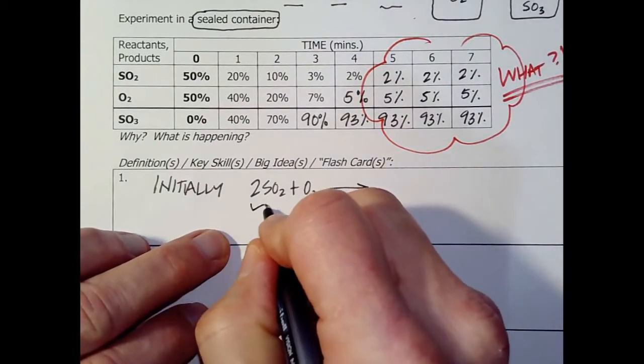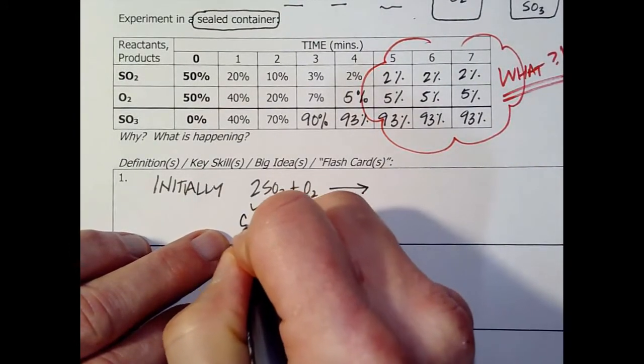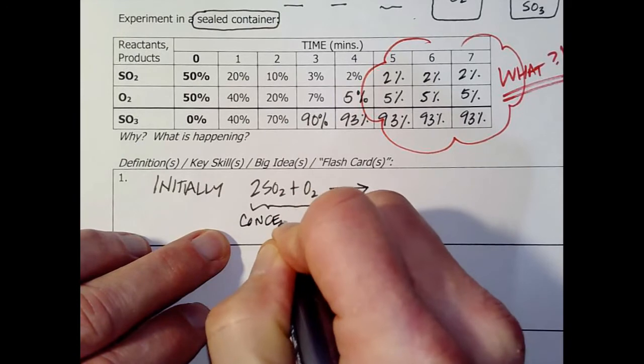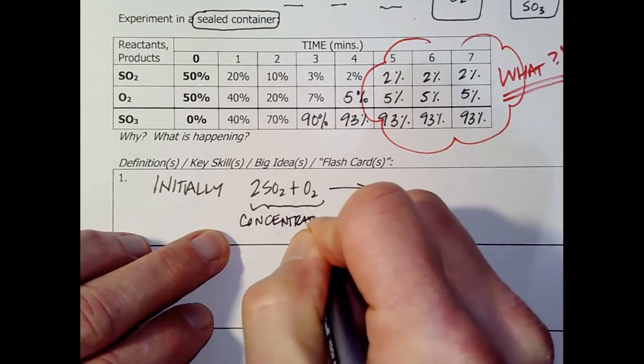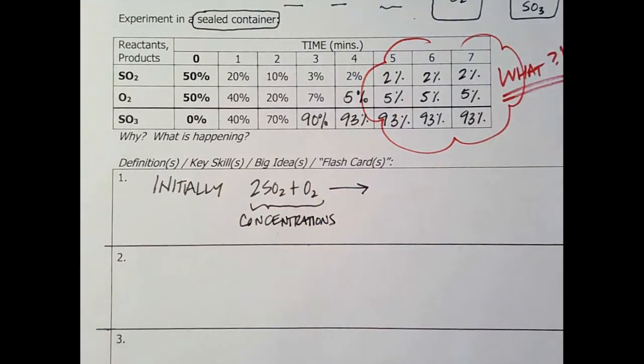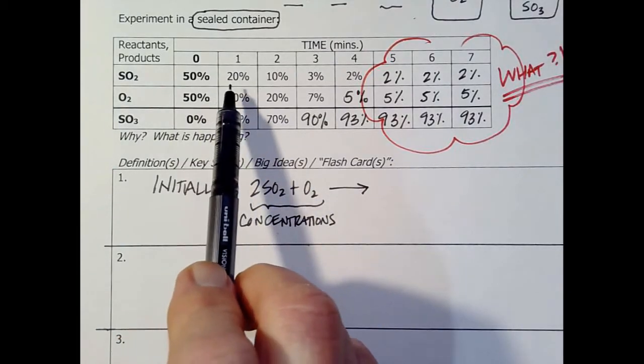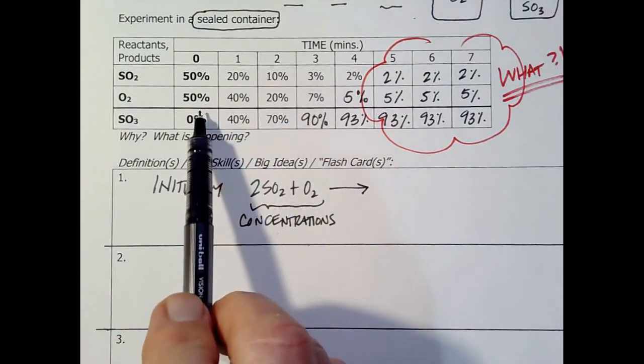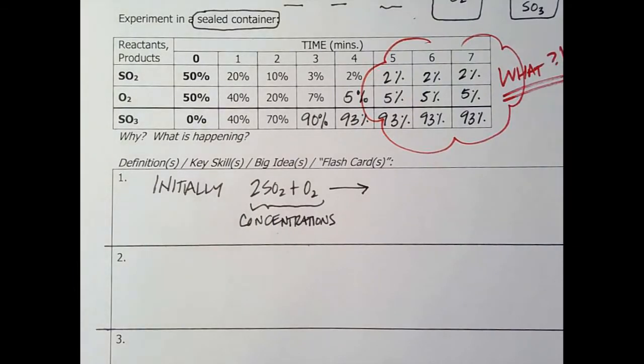Well, what's happening to these concentrations? As those get used up in that reaction vessel, their concentrations drop. SO2 drops 50%, 20%, 10%, O2, 50%, 40%, 20%. You say, oh yeah, those are dropping.